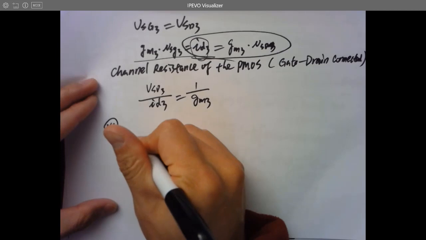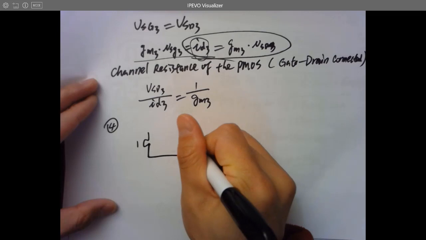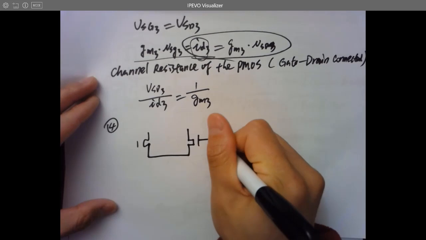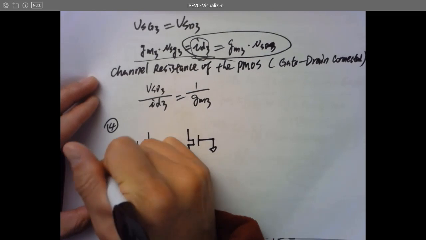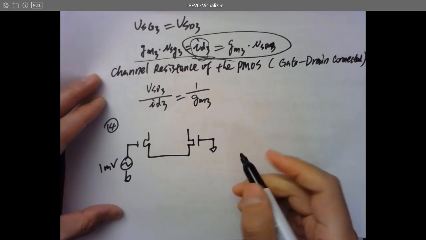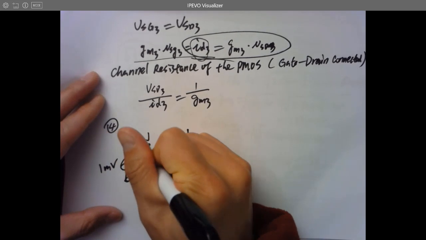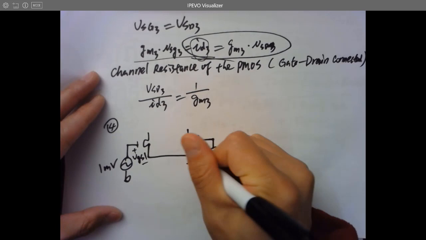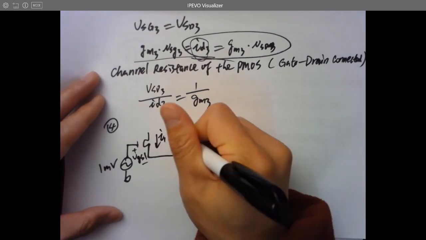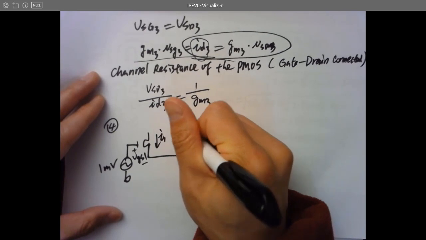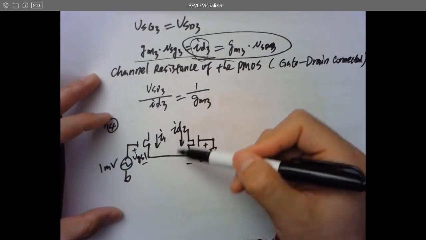So if you draw it, let's assume this is ID1, this is ID2, and both of these two IDs are from top to bottom, okay?